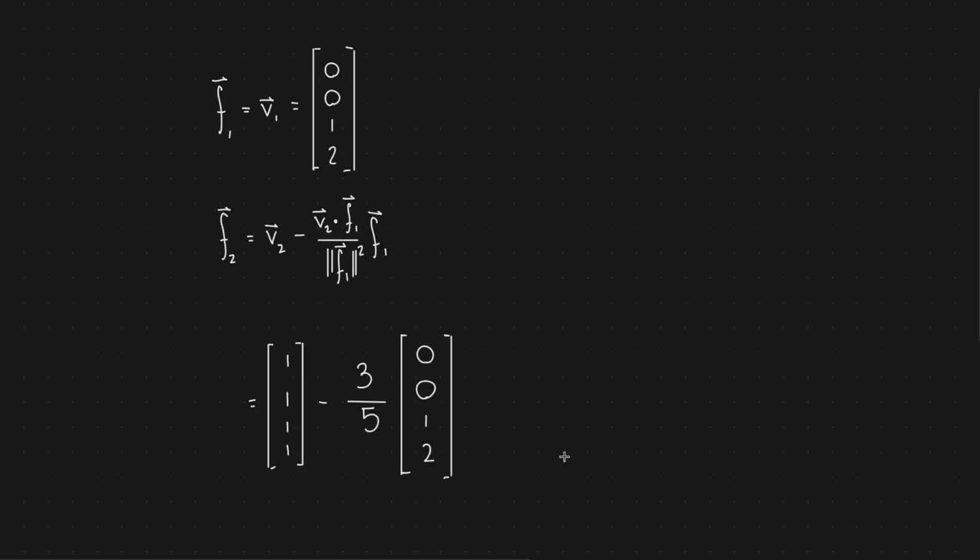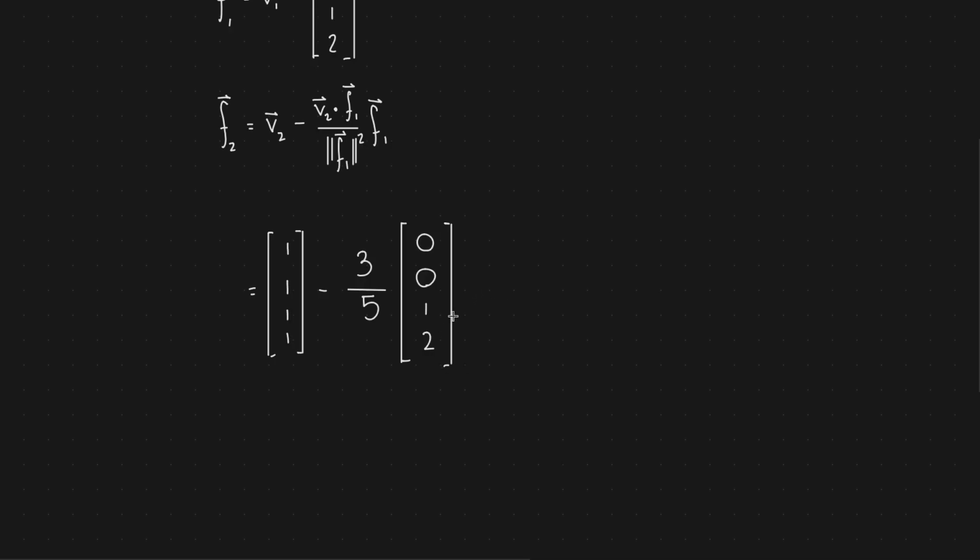Do a little vector arithmetic. I'm going to get 1, 1, and then 1 minus 3/5. That's 5/5 minus 3/5, so I get 2/5. And then 1 minus 3/5 times 2.